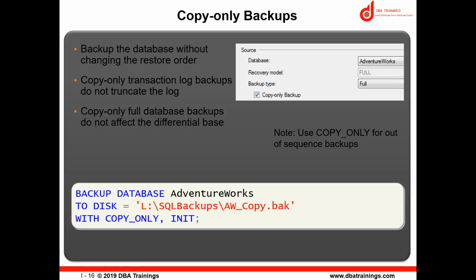Copy only backup can also be used for transaction log backup, and if you are doing the transaction log, it will not truncate your log file. You can do the copy only backup for other databases also. Copy only backup is always a good practice when you need an exact copy of the backup of your database.